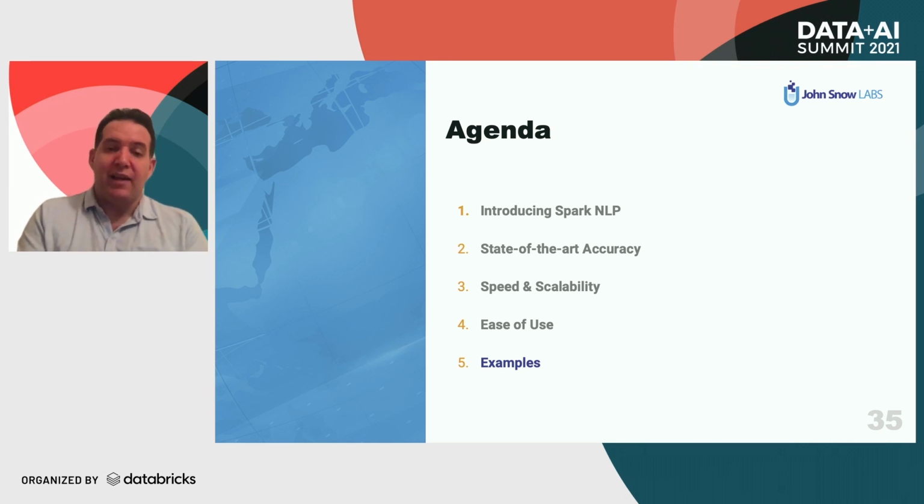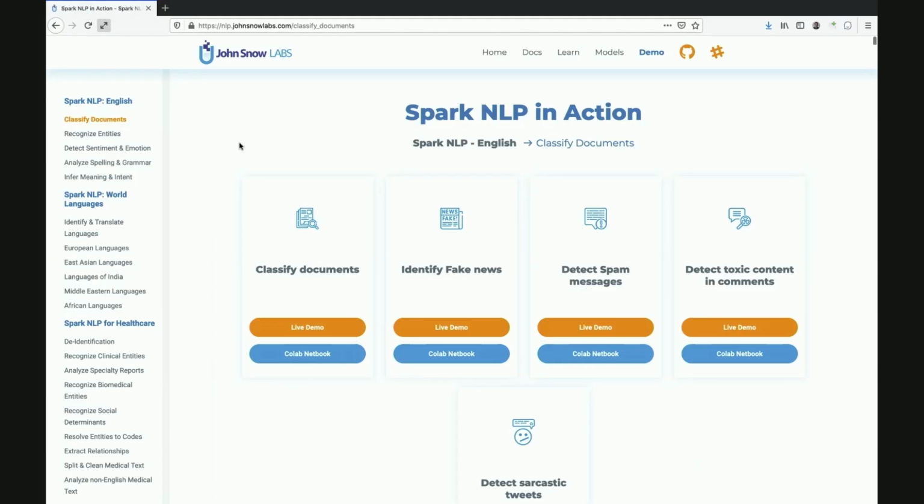At this point, I'd like to show a few more examples of some other things that you can do with Spark NLP before we summarize. We are back at the Spark NLP in action demos tab here.